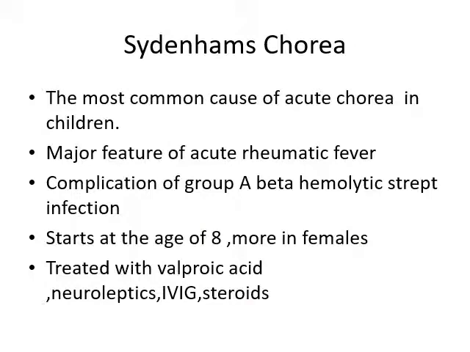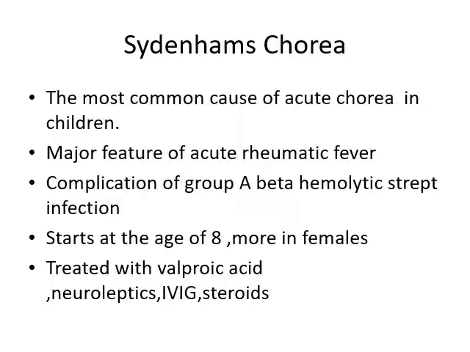The first and most important is Sydenham's chorea. It's the most common cause of acute chorea in children. It occurs with acute rheumatic fever, so we call it Sydenham's chorea or rheumatic chorea. It's a complication of group A beta hemolytic strep infection. That's why we said that it is post-infectious, due to group A beta hemolytic strep infection.